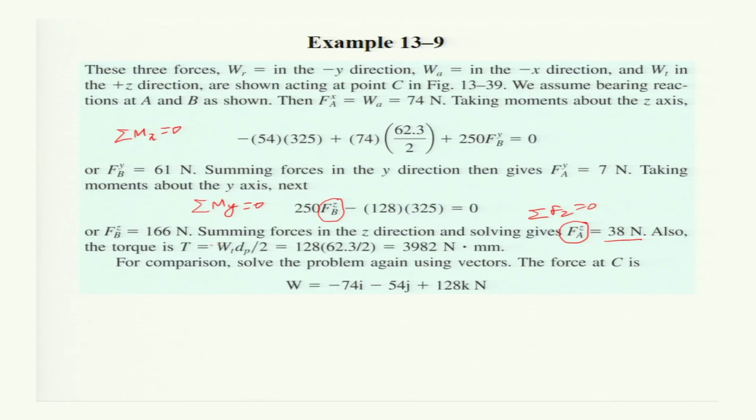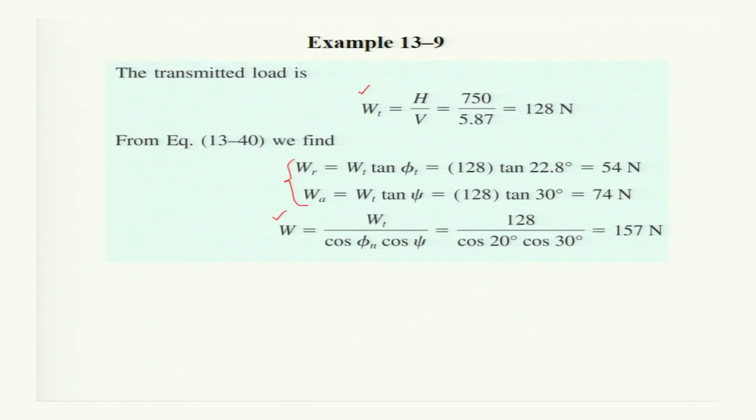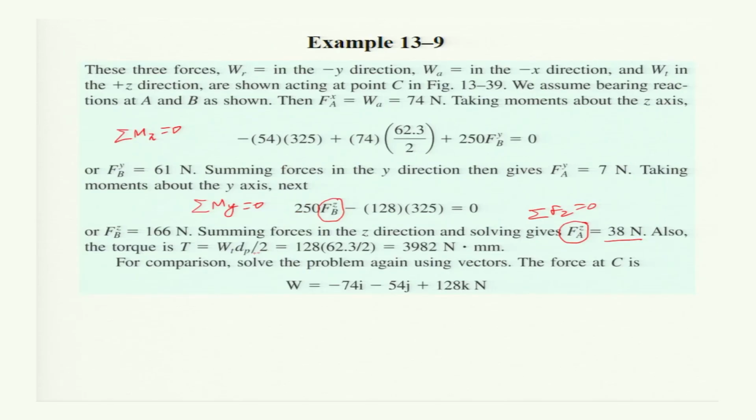Also, the torque T is Wt dP divided by 2, because we get this torque due to the transmitted force, and the transmitted force is acting at a distance of dP divided by 2. So, T equals Wt multiplied by dP divided by 2, which is 3982 Newton mm.